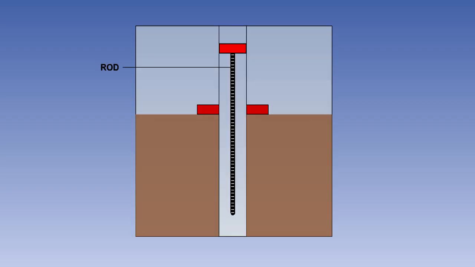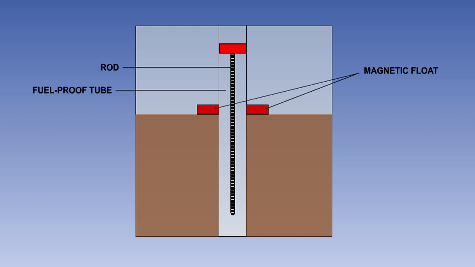A more user-friendly version of this system is the dropstick, or magnetic level indicator. This system uses a rod calibrated to show the level of the fuel in the tank. The rod is fitted within a tube, sealed from the fuel in the tank. Around the tube is a magnet supported on a float.